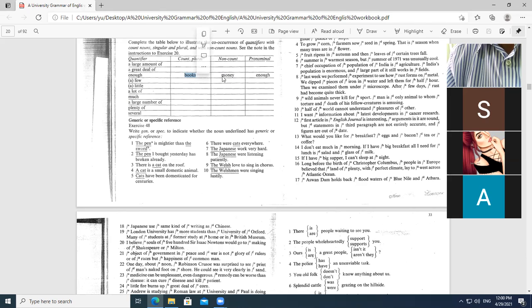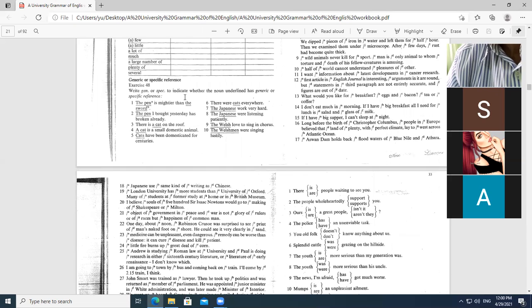Yes, we can say plenty of money and plenty of books. It can be used with countable and uncountable. Can we say several books? Yes, we can. Can we say several money? No. Several is used with what? With countable plural.